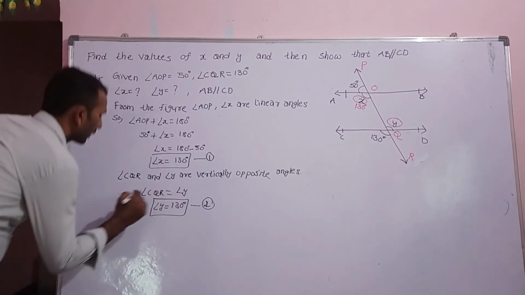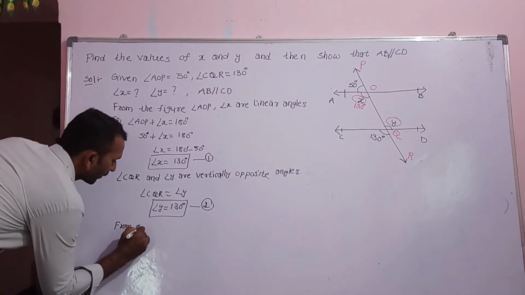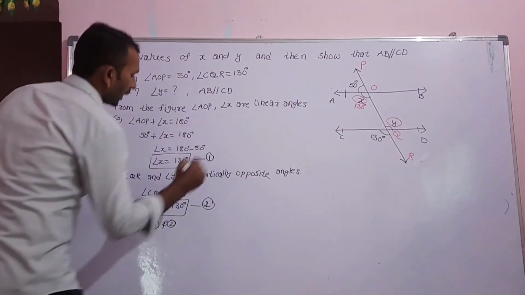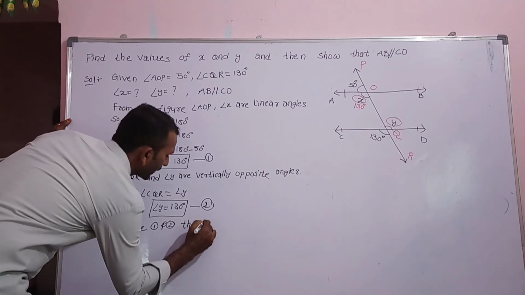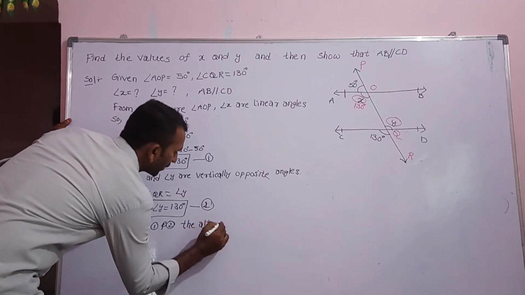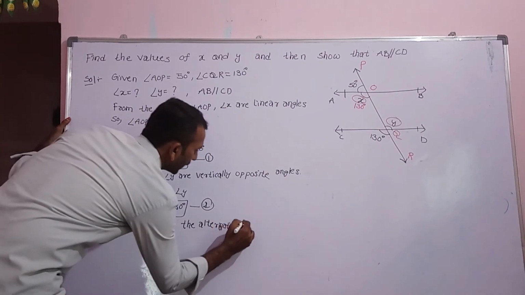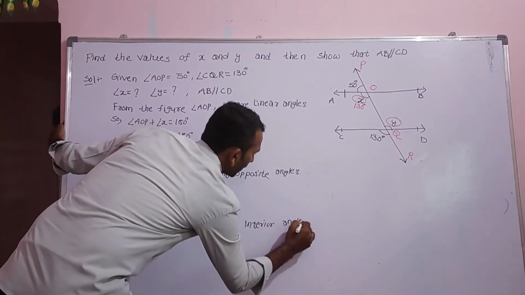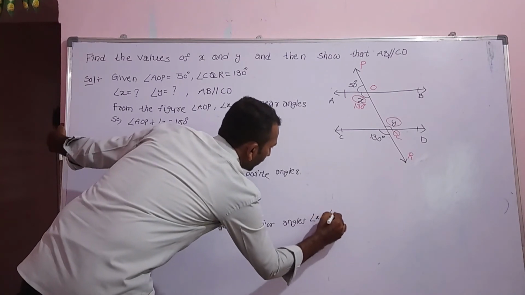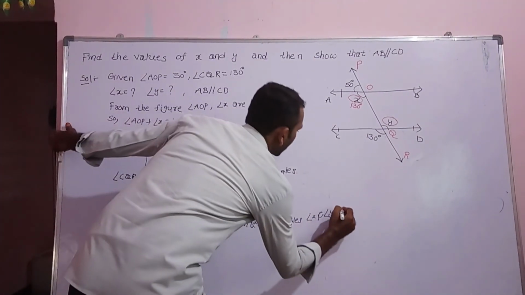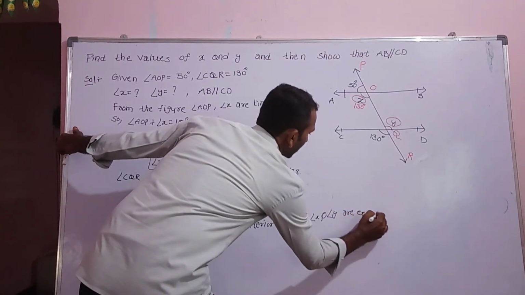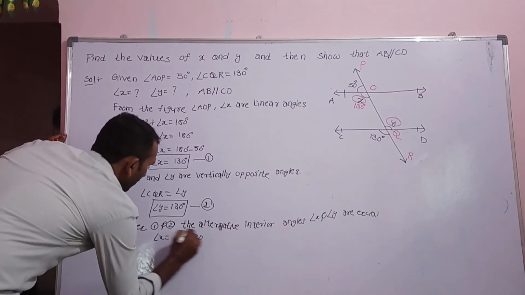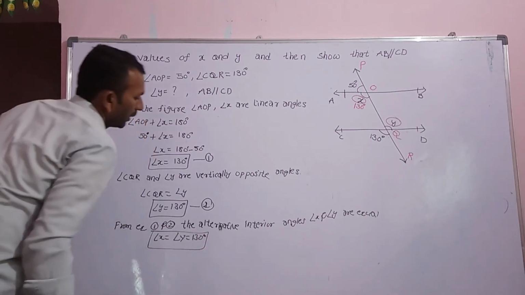From equations 1 and 2, the alternate interior angles, angle x and angle y, are equal: angle x equals angle y equals 130 degrees.